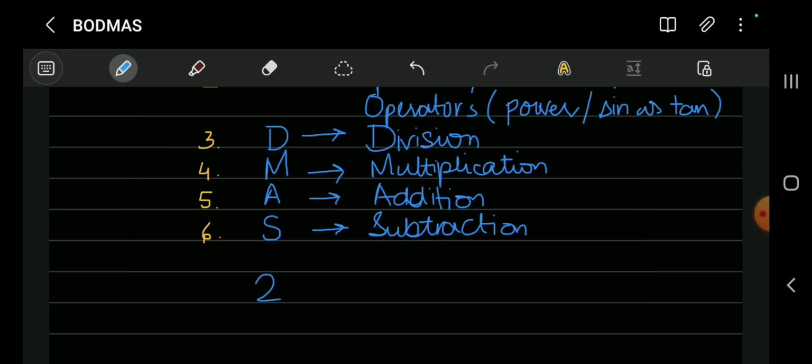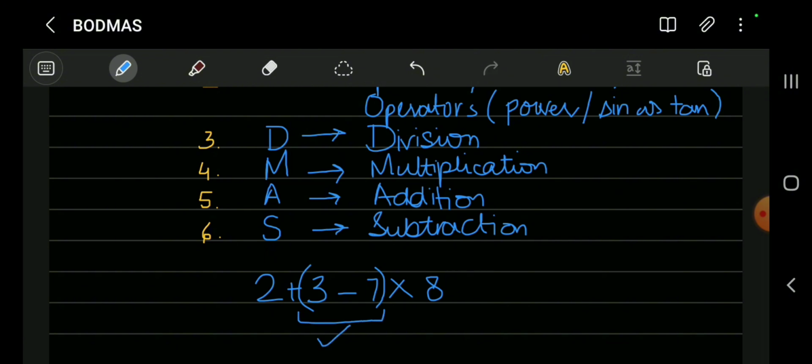For example, if it is 2 plus 3 minus 7 multiplied by 8, and you have a bracket over here or 2 square over here, you can have just a few operations. You see that multiplication is here, so are you first going to solve the multiplication? No. See, multiplication is on the fourth point, but the brackets are at the first.